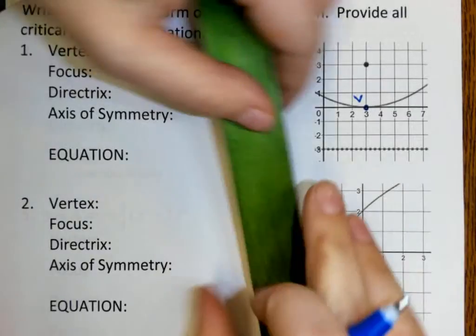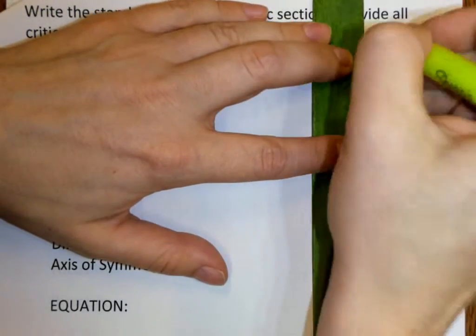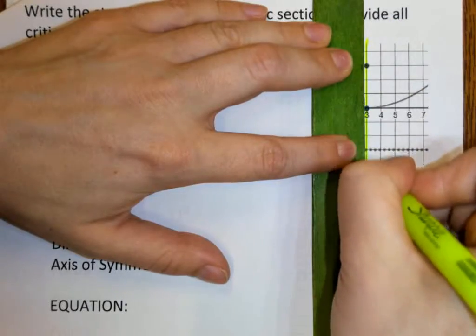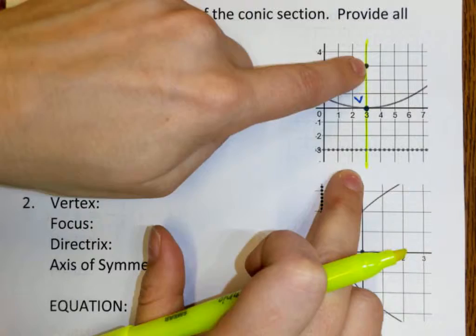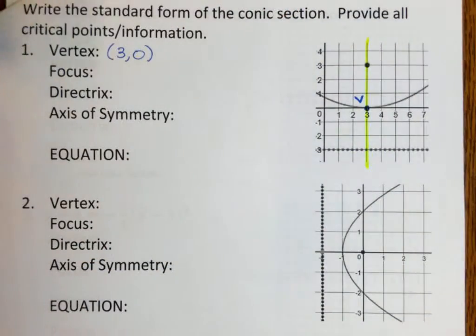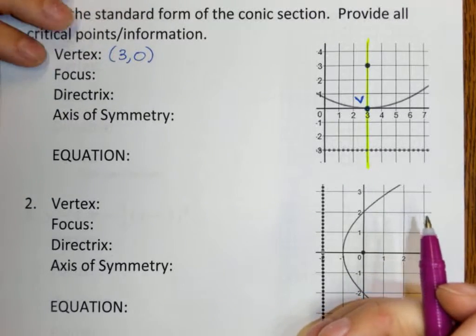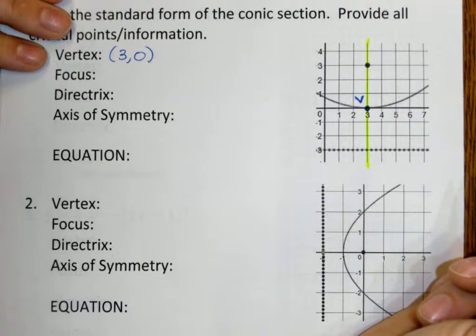Now, I want to also point something out to you. If we look at this, your vertex and your focus all line up, and it's the same line where my graph could be folded over, so we call that the axis of symmetry. So what equation would you give that axis of symmetry?